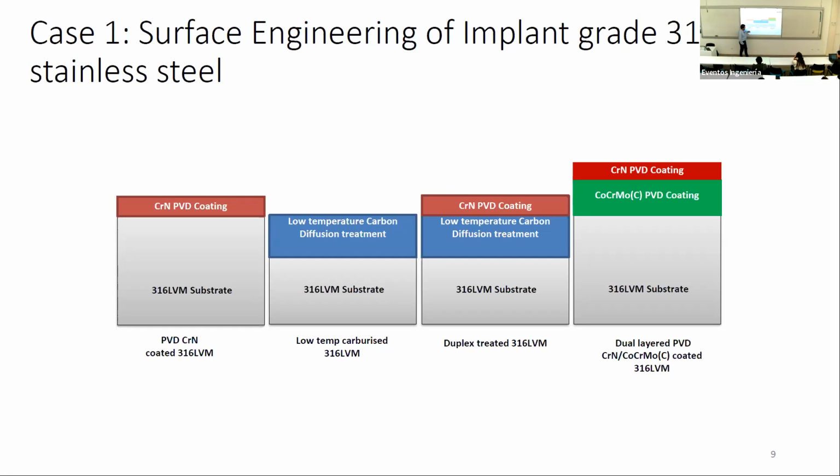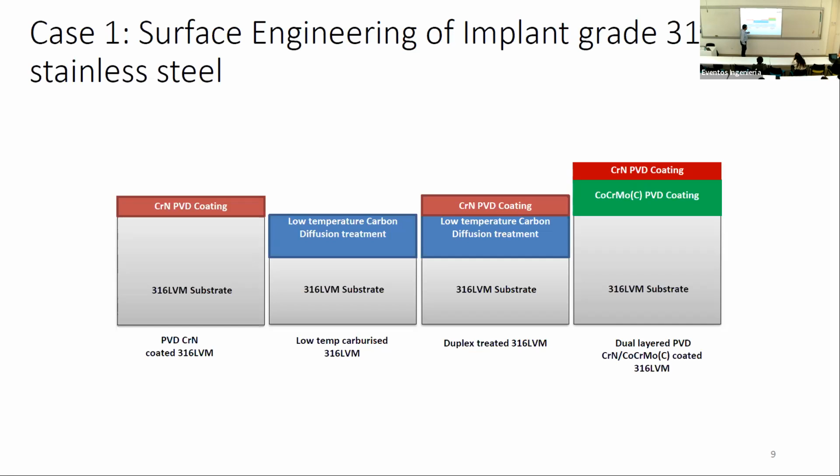In another treatment here, we applied a low temperature carburizing treatment. Basically, in this case, carbon was diffused at very low temperature inside the material to produce what is called S phase, an expanded austenitic phase, which is harder than the substrate material.